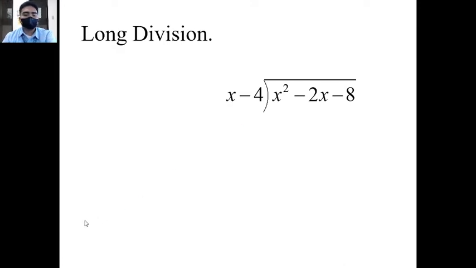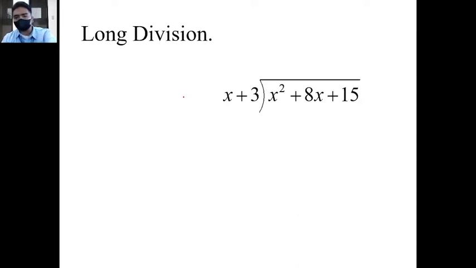Okay? Sige po. So, let's try to have this next example for long division. So, next example is x squared plus 8x plus 15 divided by x plus 3. So, as the usual way, how are we going to divide two polynomials?